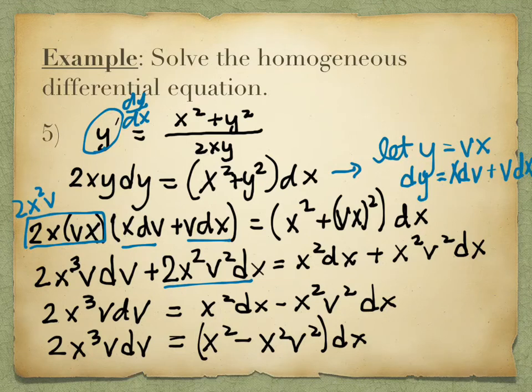Okay, so I have the dv all on the left, and I've got the dx all on the right, but I still have x's and v's on both sides, correct? And I shouldn't if I'm going to continue through the problem. Somehow I've got to move those around.